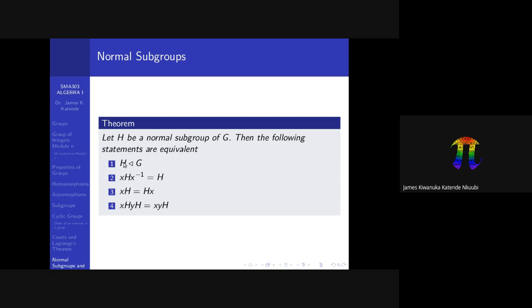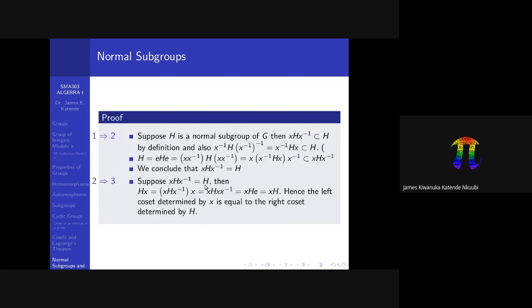I think we have seen how to use the definition before, but any one of these other statements can also be used. If you use one, you don't need the other. That's why we say they are equivalent. So we're going to show that 1 implies 2, 2 implies 3, 3 implies 4, and 4 implies 1. If we show that, then we'll have proved that they're equivalent.